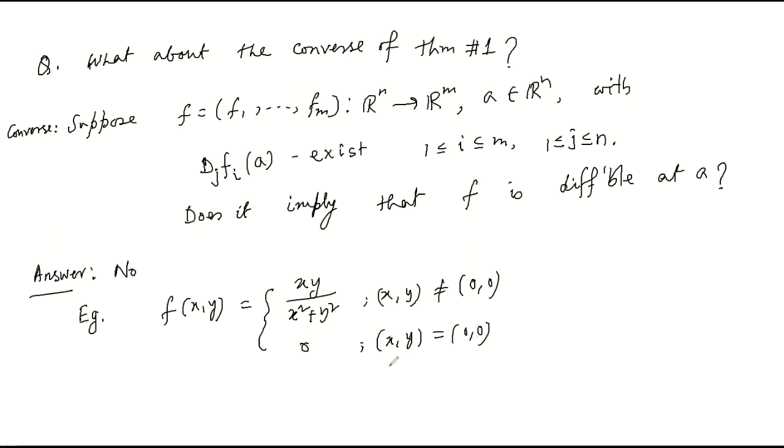So this is the function. Then the partial derivative of f with respect to the first variable x at the point (0,0) is equal to 0, and it is equal to d2f(0,0).